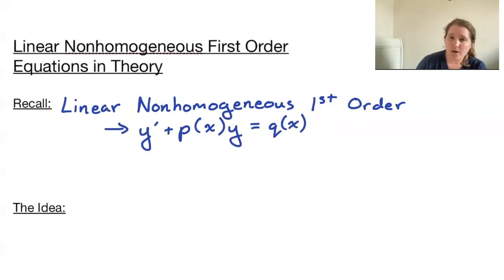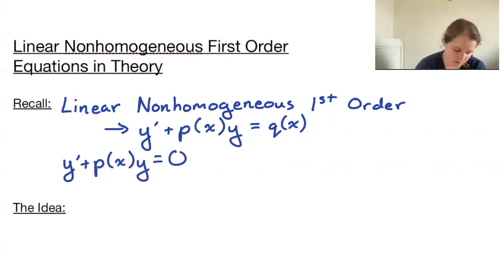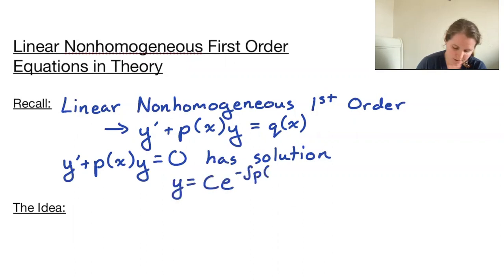And also recall that the homogeneous equation y prime plus p of x y equaling 0 has solution y is equal to c e to the negative integral of p of x dx.